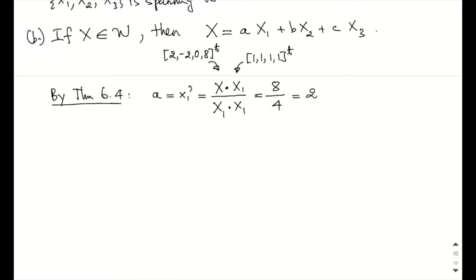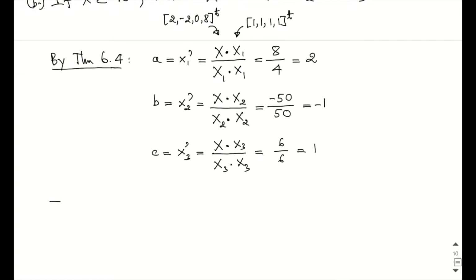And so that's going to give you -1 as the value for b, if b exists. And then c is x3 prime in theorem 6.4, that is x dot x3, and then x3 dot x3 itself. The computation is going to be 6/6, which equals 1.